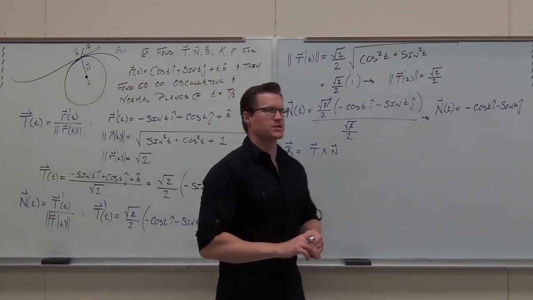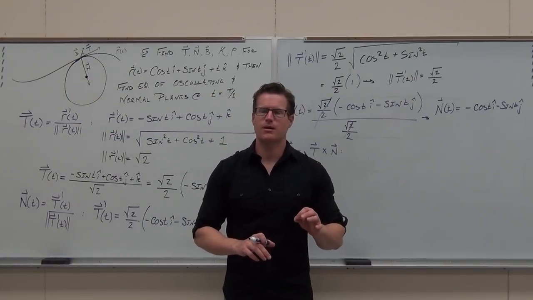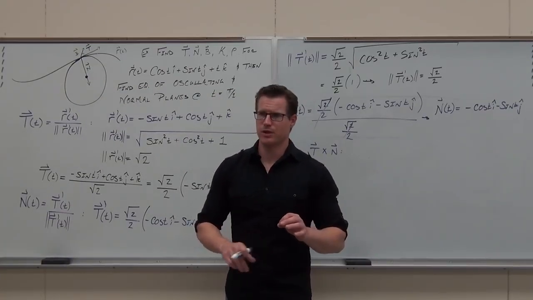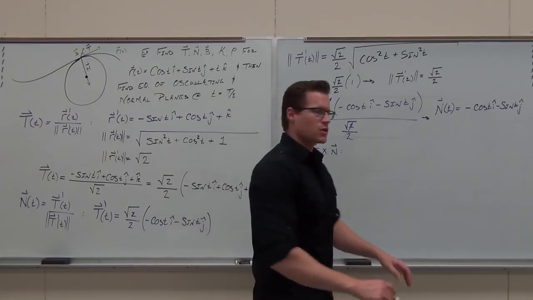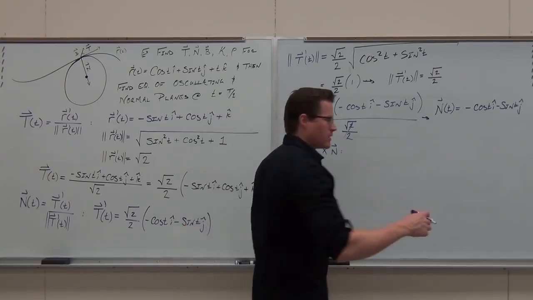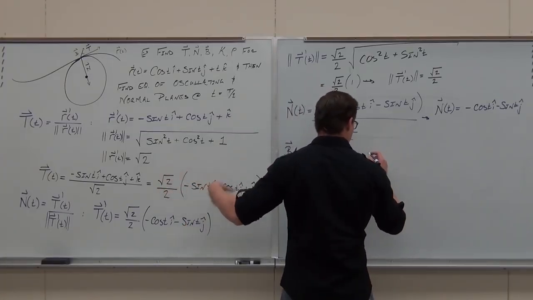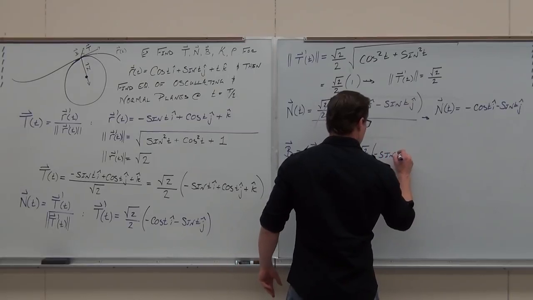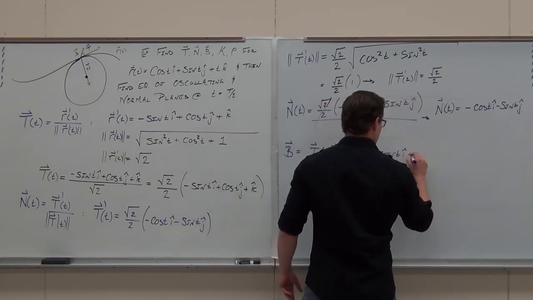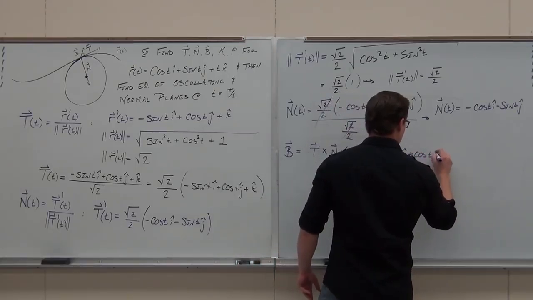I'm going to write this out specifically, what vectors we're talking about. This is the fourth reason we don't distribute this thing. You're going to like this. Check it out. So our T, can you read the T for me so I don't have to look up here? What are we talking about? The unit tangent: root 2 over 2 times negative sine t i plus cosine t j plus k.